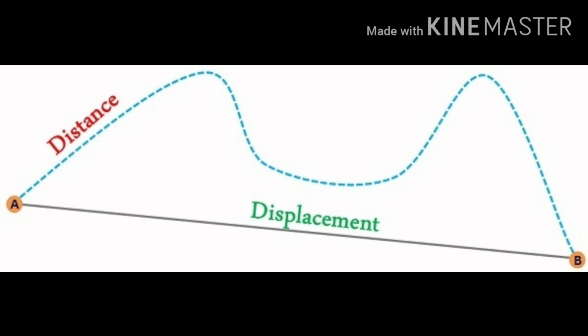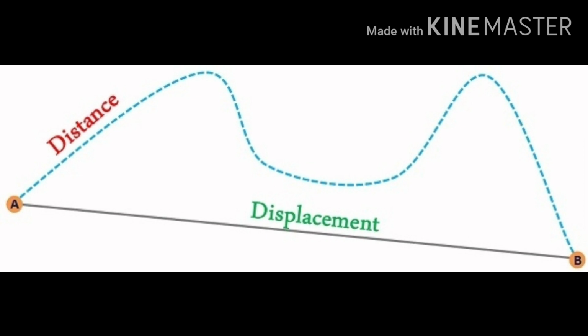In simple words, the shortest distance between two points is called displacement. The distance traveled by an object cannot be zero, but the final displacement of a moving body can be zero.